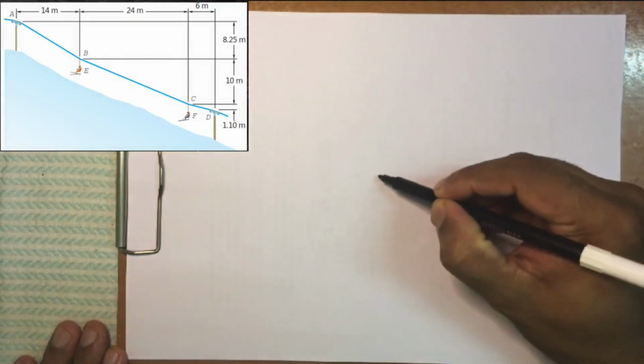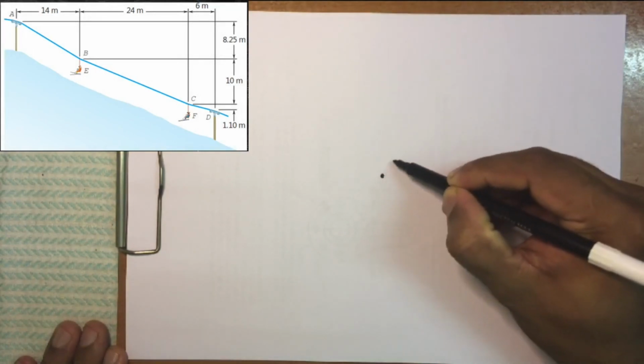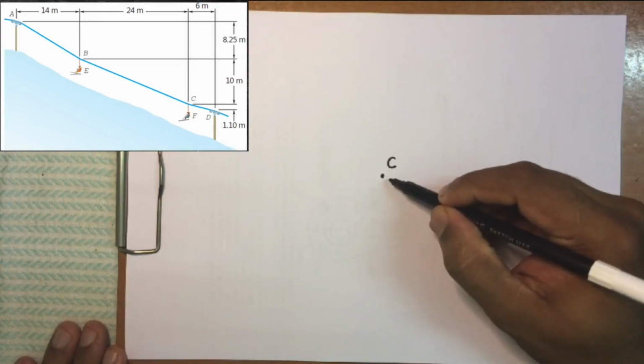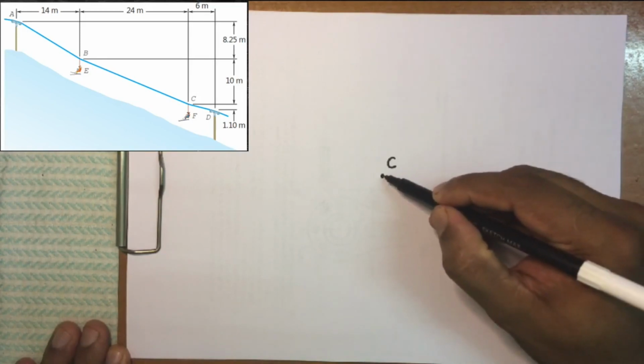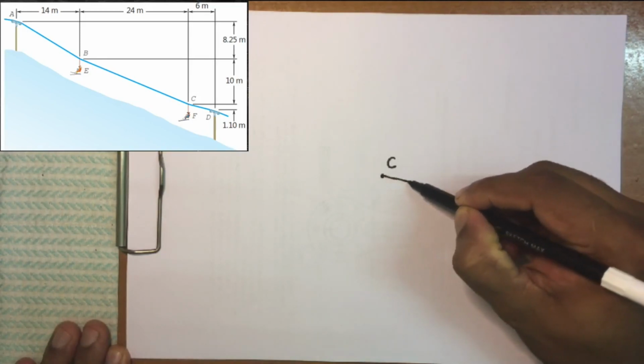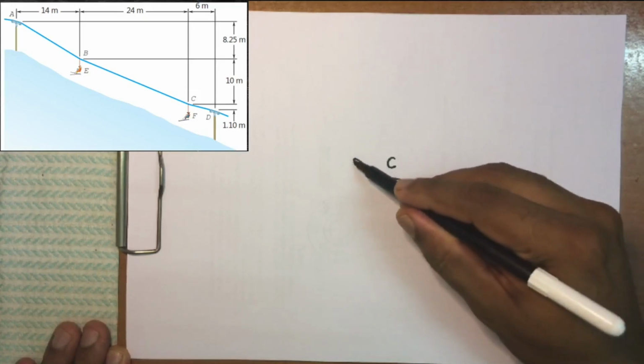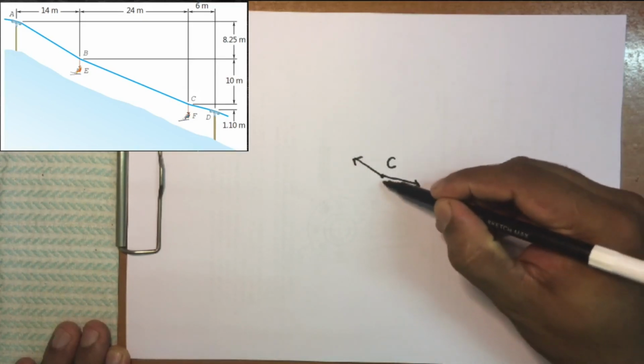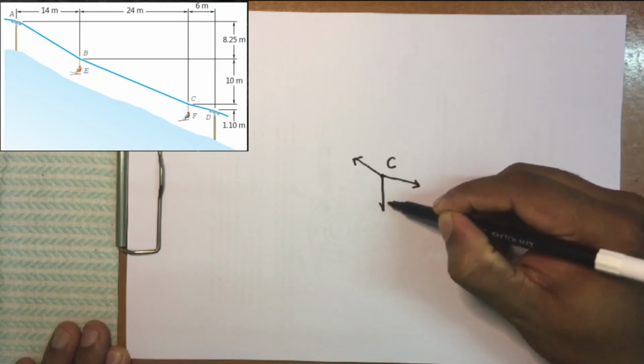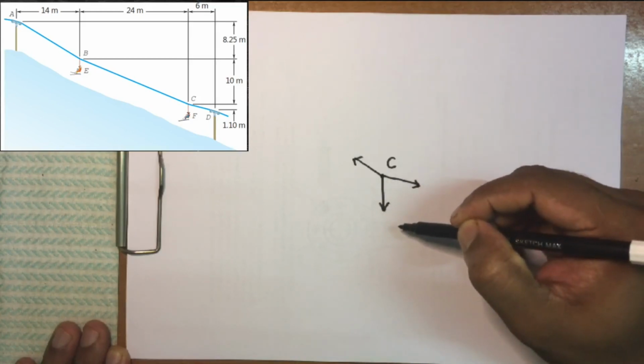So let me mark the point C. For this condition, let us consider the tension in the ropes in these two directions, and I have the weight of the skier acting vertically downwards.